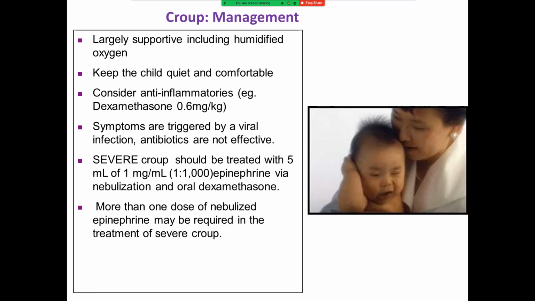And if they need them, we can repeat them twice. And then the patient has to be observed in the emergency department for at least 4 hours because of increased heart rate, and to make sure that they do respond to the medication.